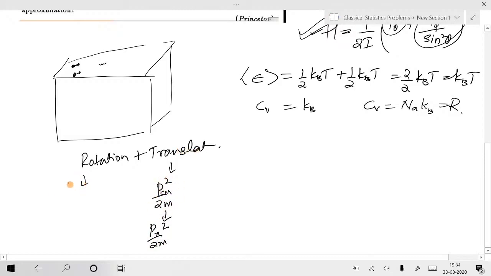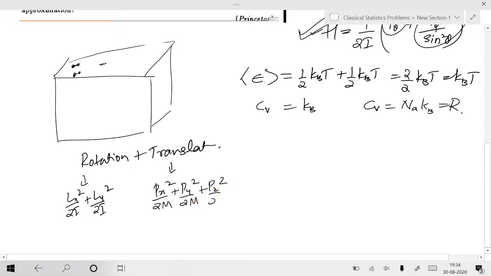The rotational motion contains two quadratic terms: Lx square by 2I plus Ly square by 2I. And because of translational motion you have three terms actually: px square by 2M plus py square by 2M, I better write capital M here because this should be the total mass of the molecule, plus pz square by 2M.